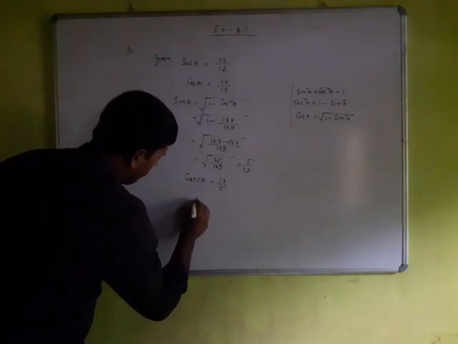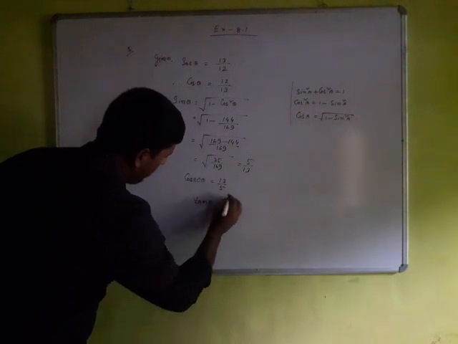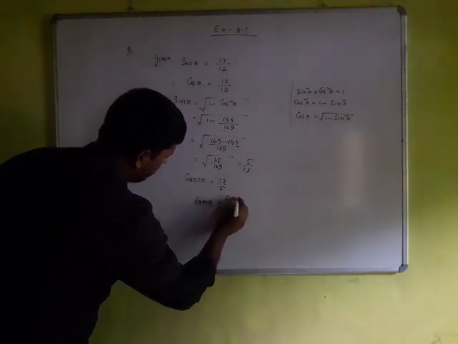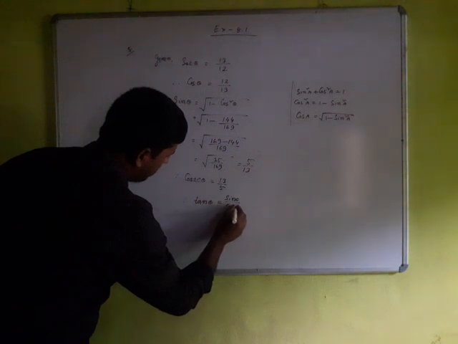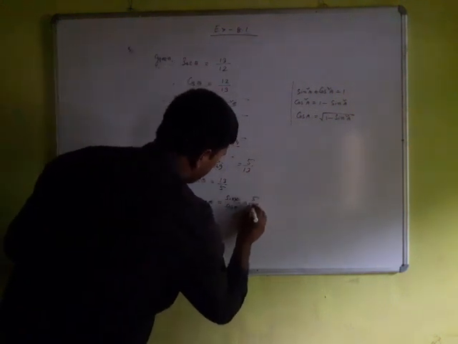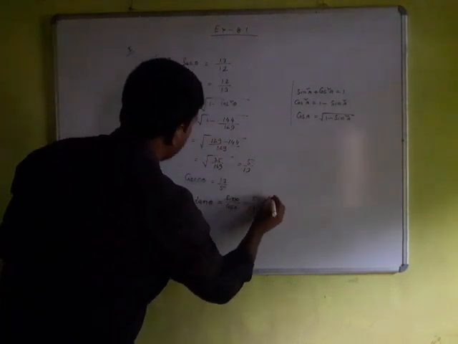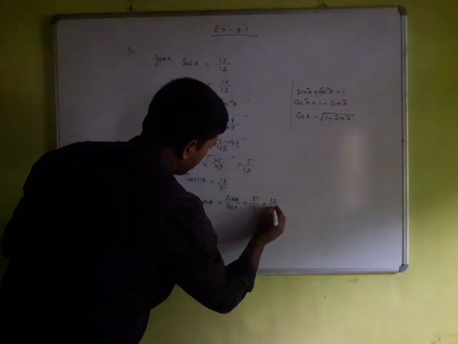Therefore tan theta, as in question number 3, tan theta equal to sin theta by cos theta equal to, sin theta is 5 by 13 divided by cos theta, which is 12 by 13.